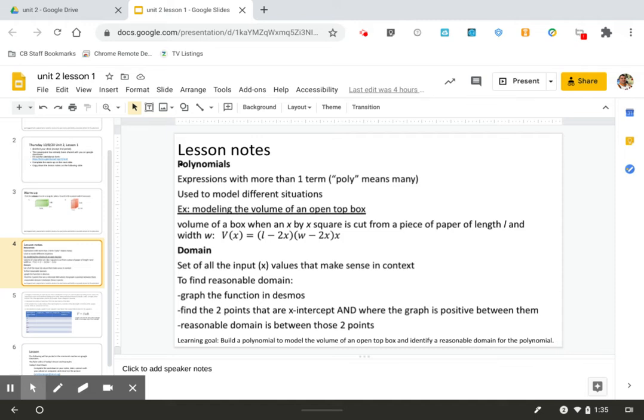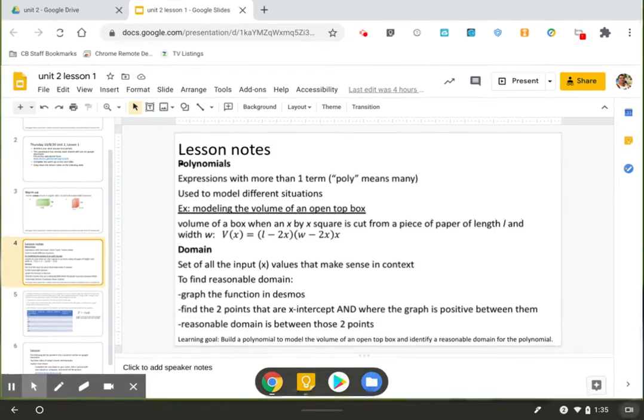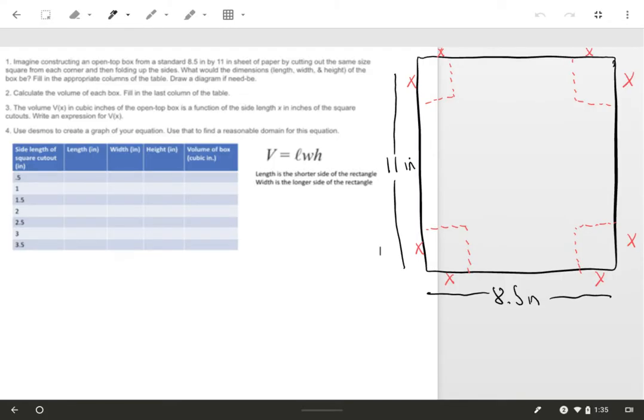And when you do that, you end up with this polynomial. Now, that will obviously depend on the length and the width of the original piece of cardboard or paper. We're also going to talk about something called the domain, and we'll get to that in a little bit. But to make a little more sense of these lesson notes, we're going to take a look at the examples here. So let's go ahead and do that.